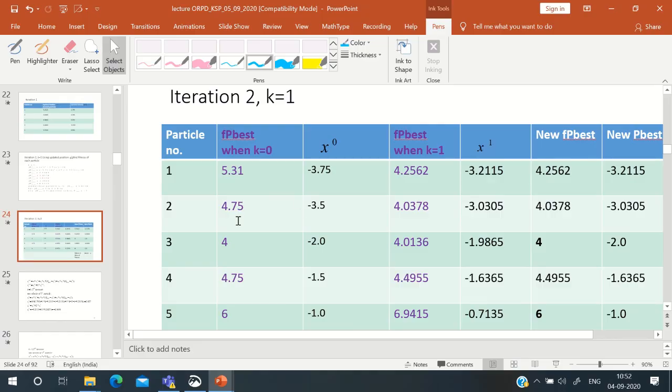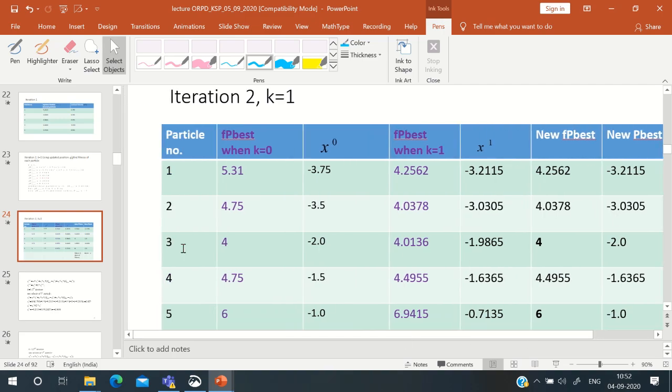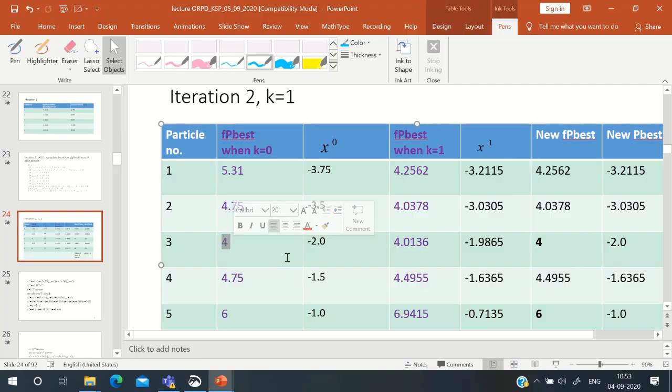For the second particle, 4.75 and 4.03, which one is better? This one is better, so the corresponding x should be taken as the personal best x value. Now the third particle, 4 and 4.01. Which one is best? This one, not that one.